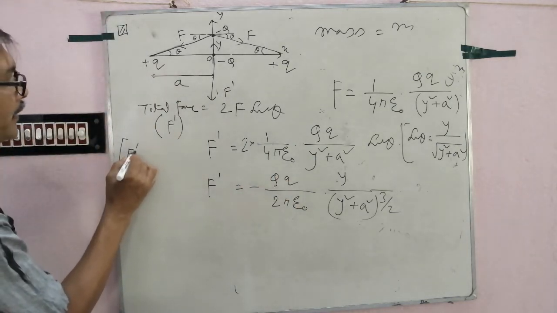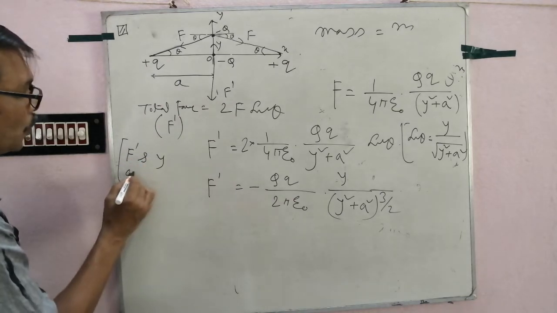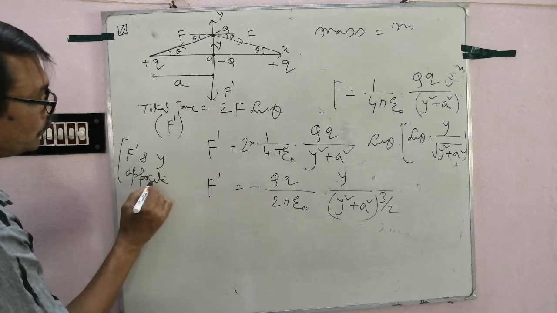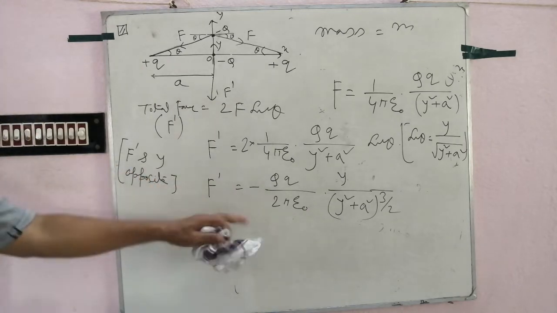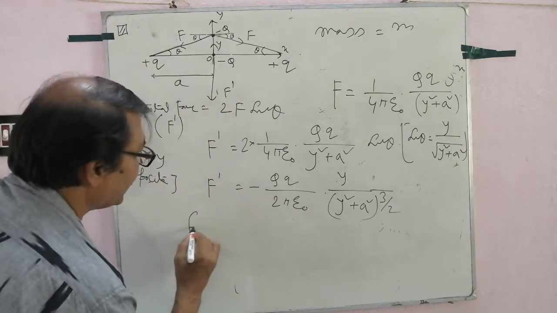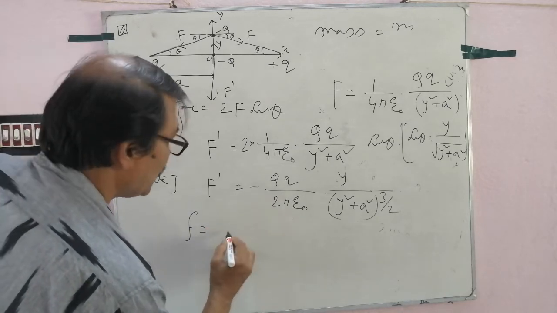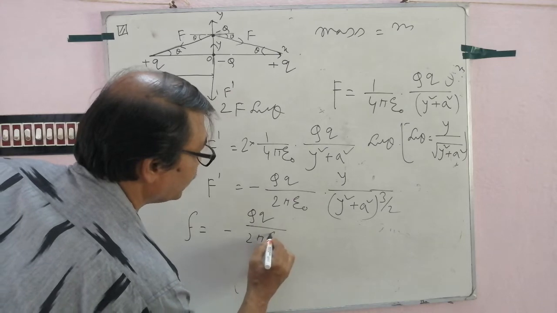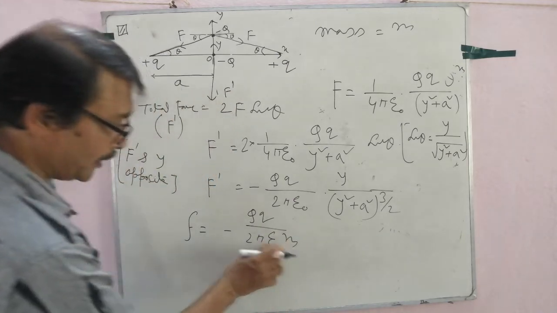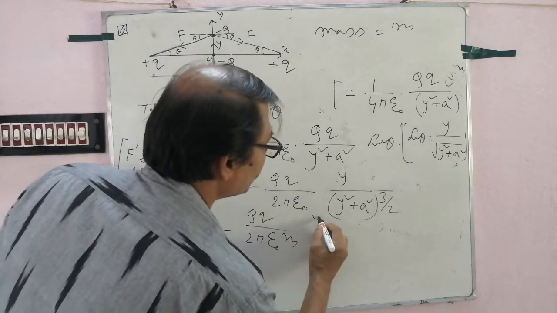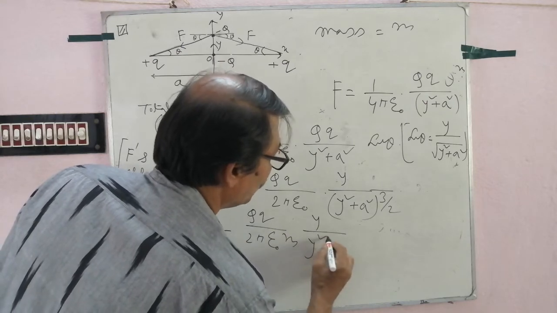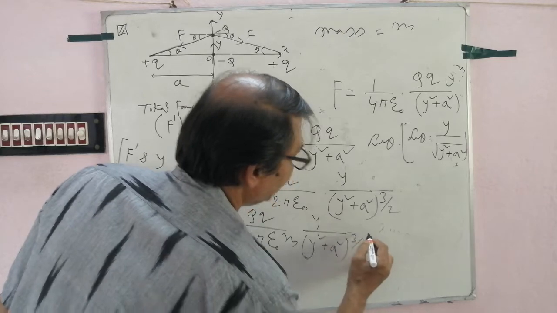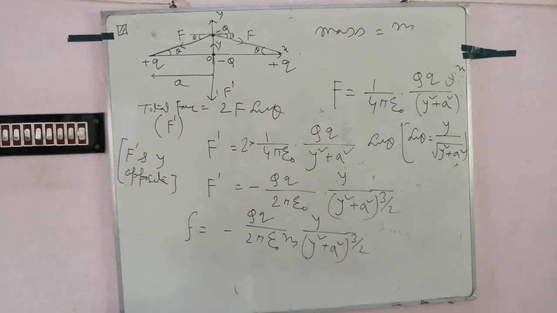Negative sign, F dash and y opposite. Clear? So acceleration a equal to minus Qq by 2 pi epsilon naught m, mass of the particle, y by y square plus a square whole to the power 3 by 2.